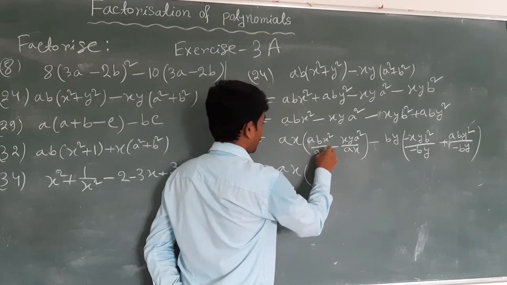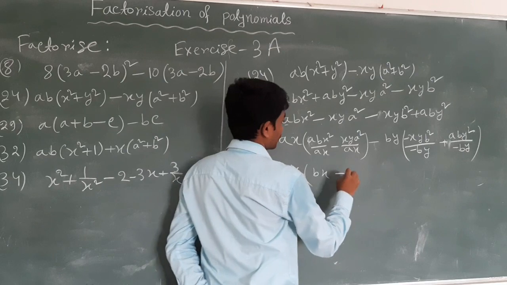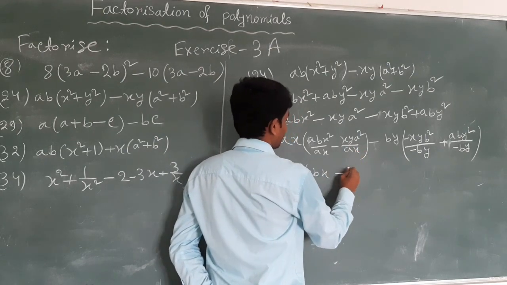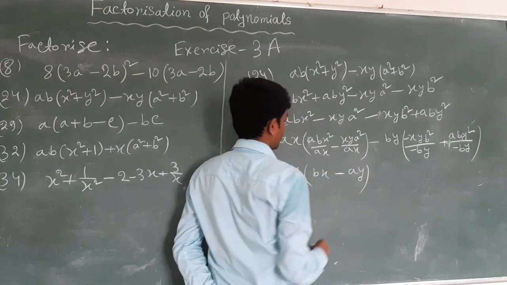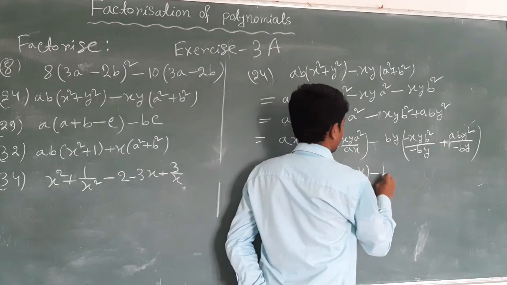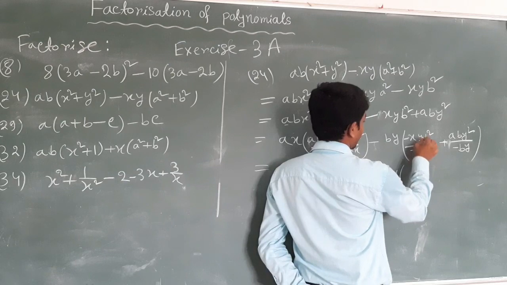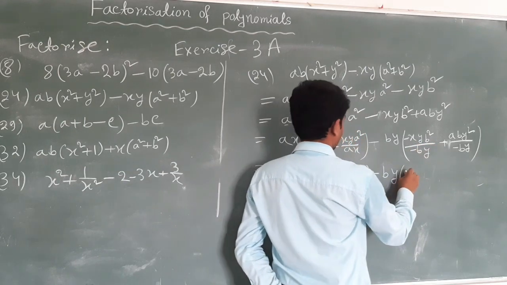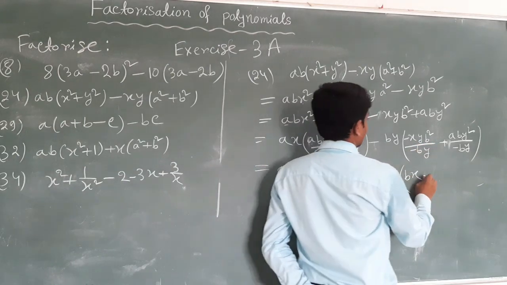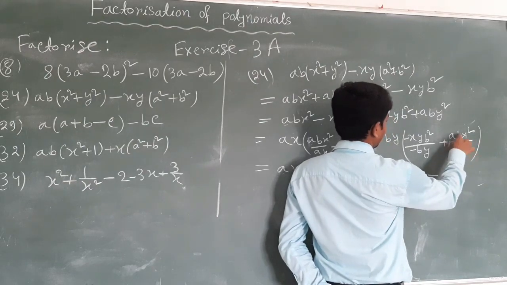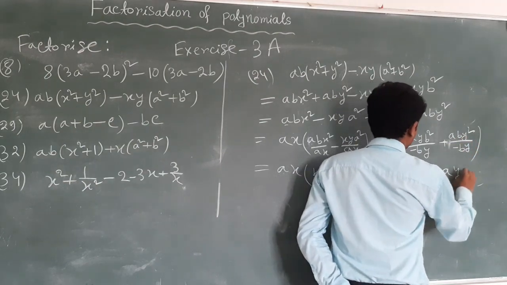A cancels, x cancels: bx minus ay. Minus b, y cancels: ax minus by.